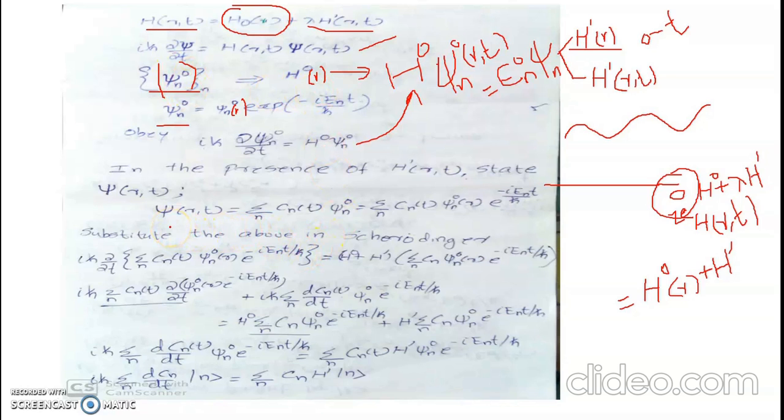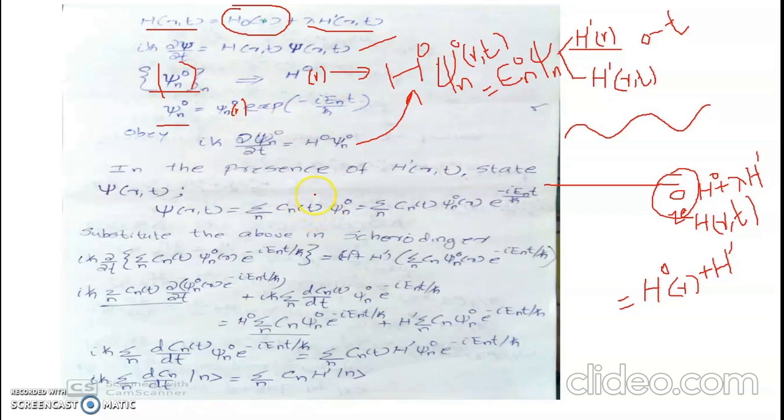So we will write psi of r comma t as equal to summation over n Cn of t psi n0. Here psi n0 do not have a mathematical dependence over time other than this exponential formulation e raised to minus i En t divided by h cross.